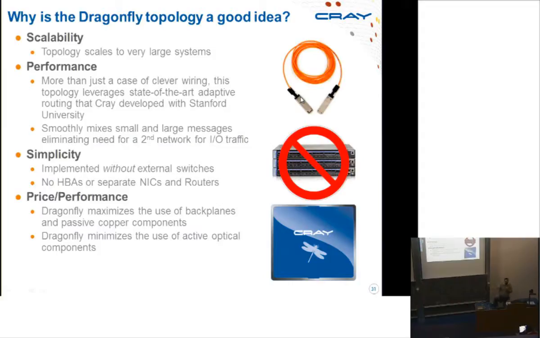Again, it's implemented without external switches, which means you don't have to waste space in your cabinets or power these. All of the routing is done on chip, so it's all part of the network. And it hopefully makes us competitive, giving the best value to customers.